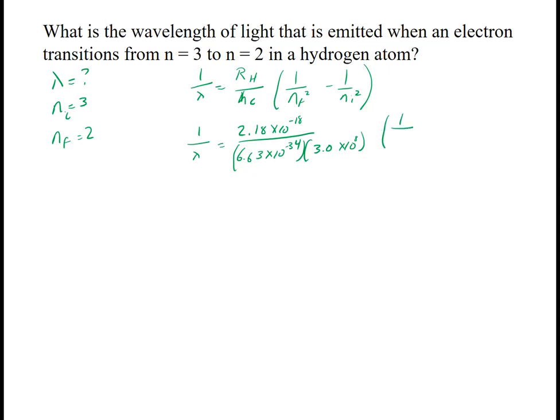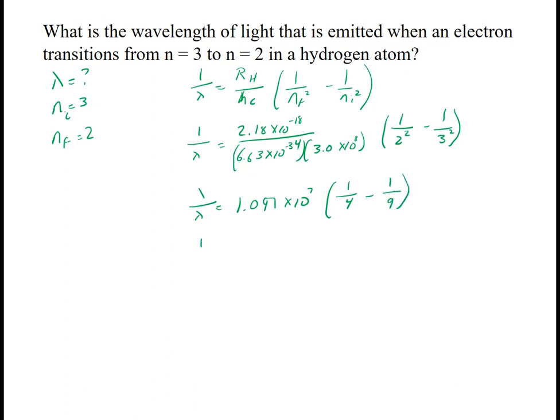Then it's 1 over the final, which is 2 squared, minus 1 over the initial, which is 3 squared. When I enter these three things into the calculator, I get 1.097 times 10 to the 7th. 1 over 2 squared is 1 over 4, minus 1 over 3 squared is 1 over 9.